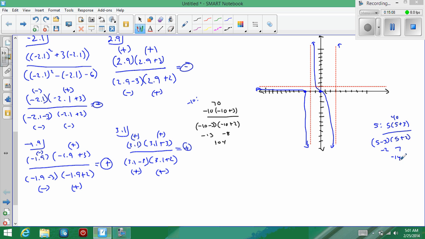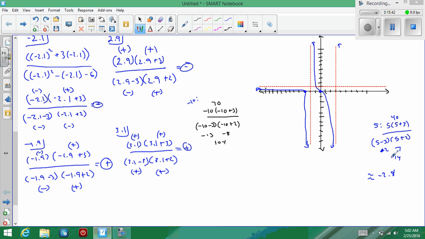Let's see, 3 times 14, that's 42. So about 2.8, 2.9, somewhere in that general area. I'm just guessing the decimal value, but the whole point is, wait, 5 times 5 plus 3. 5 minus 3 is positive 2.